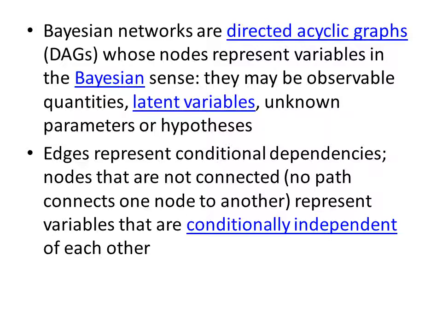Its nodes represent variables in the Bayesian sense. They may be observable quantities, latent variables, unknown parameters or hypotheses.